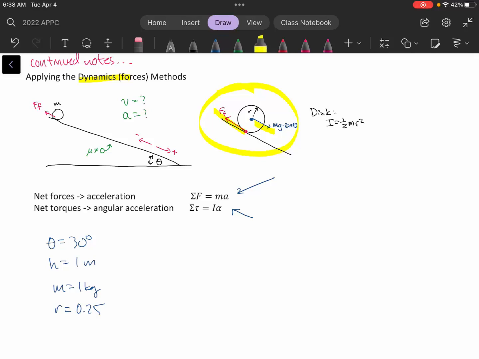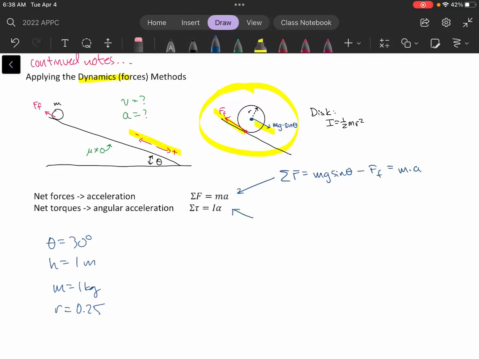If we do what I typically like to do, which is say anything going to the right side of the page is the positive direction of motion, the mg sine theta going downhill would be positive. So I can look at the net force as mg sine theta minus the force due to friction is going to be equal to m times a. The whole mass about its center of mass is going to have some acceleration.